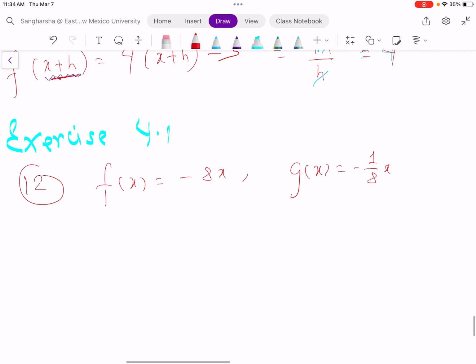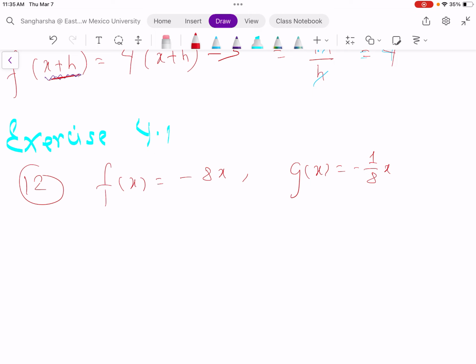How do we verify that these two functions are inverses of each other? That's right. We find f composite g, we find g composite f, and if we get both equal to x, then these two functions are inverses of each other.